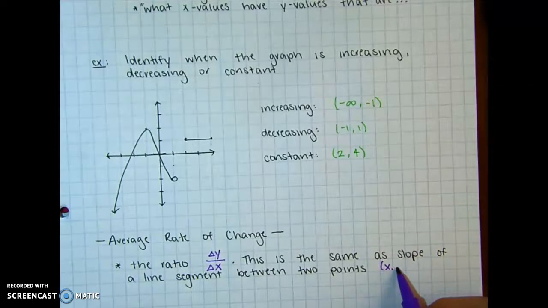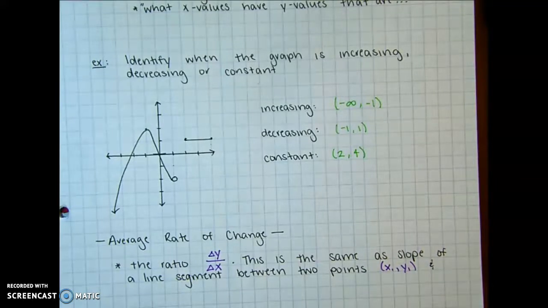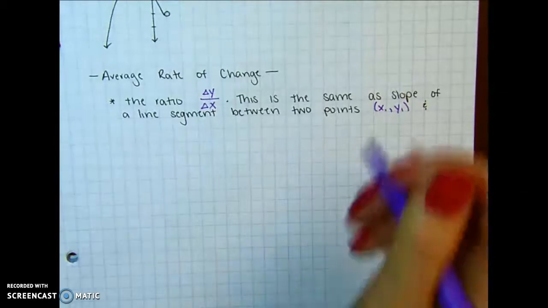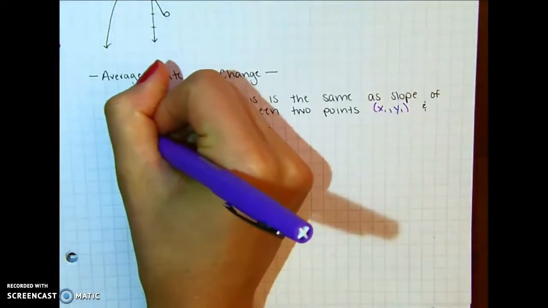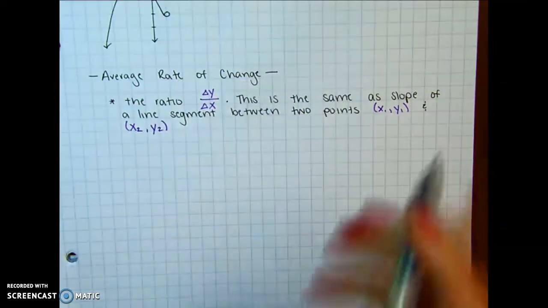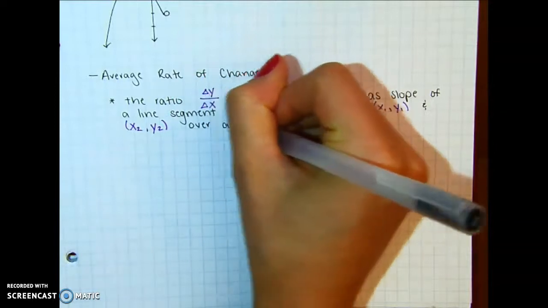so (x1, y1) and (x2, y2) over a given interval.